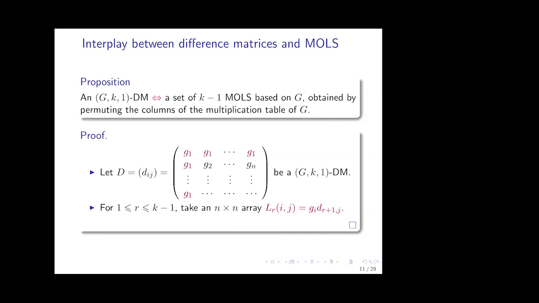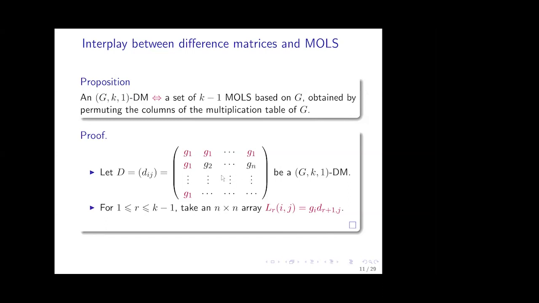The table can be made as follows. First, we label its rows by the elements of the group, and then label the columns by the second row of the difference matrix. Then clearly it is a Latin square.